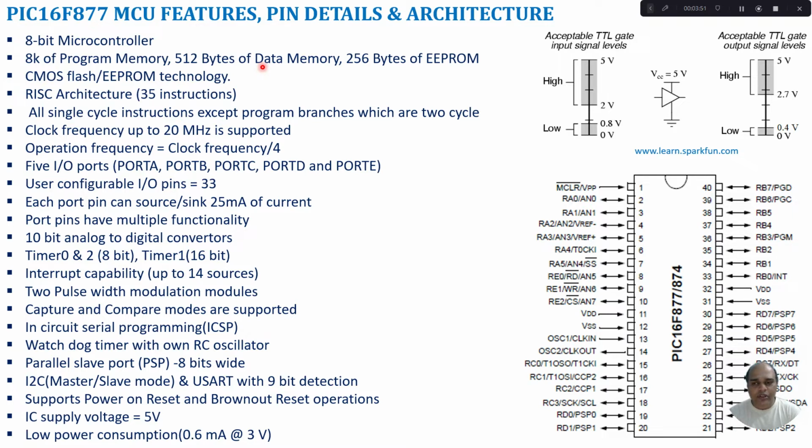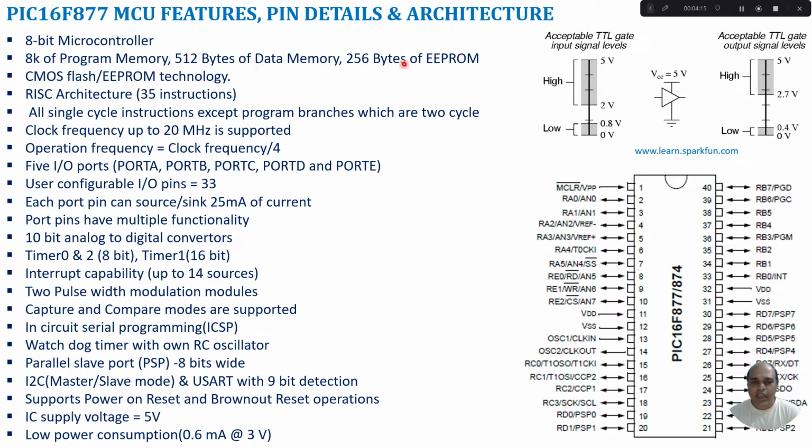If I want to use a peripheral of the microcontroller, first I need to configure it. The configuration happens with the help of the special function registers. And during program execution, the data which resides in the remaining 368 bytes will be utilized.